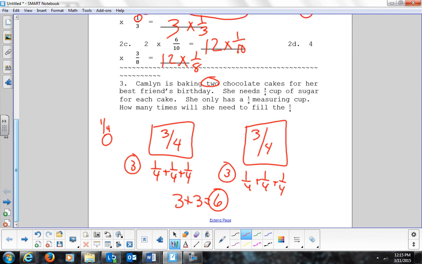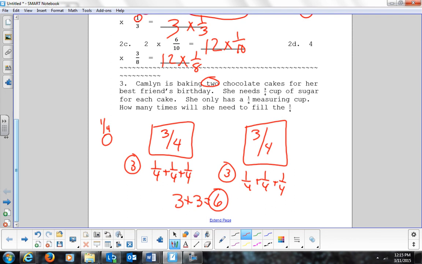So if I need 3 scoops per cake, right? It's telling me I need 3/4. So I need 3 of the 1/4 cups. So it's 1, 2, 3 for the one cake, right? And then 1, 2, 3 for the other cake. 3 plus 3 is 6. You're not adding fractions here.